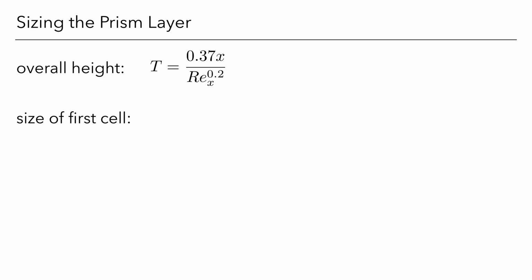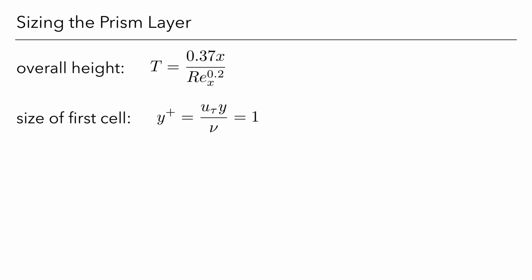The next thing is to choose the size of the first cell, meaning the cell that's closest to the body. And as we've discussed in turbulence theory, if we want to have a good resolution of the boundary layer, we need to go all the way down to a Y plus of 1. Here I've written again what the definition of Y plus is.